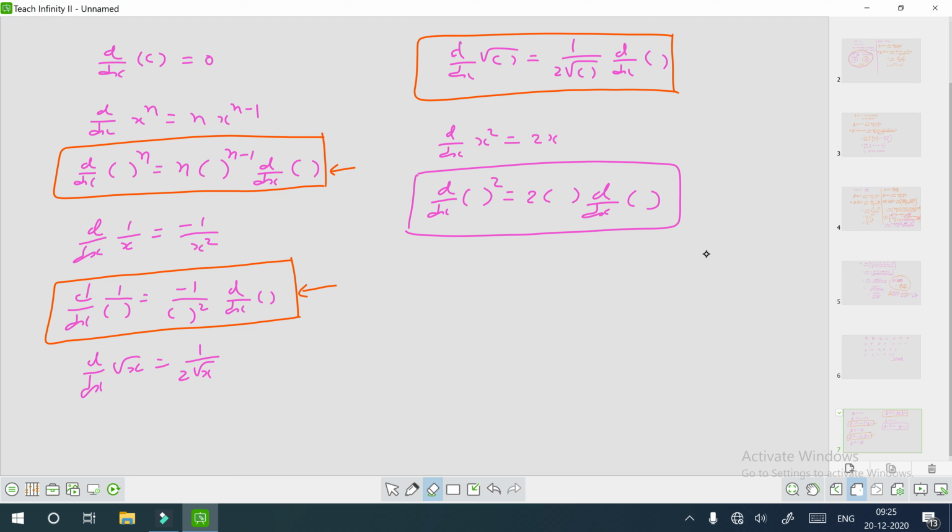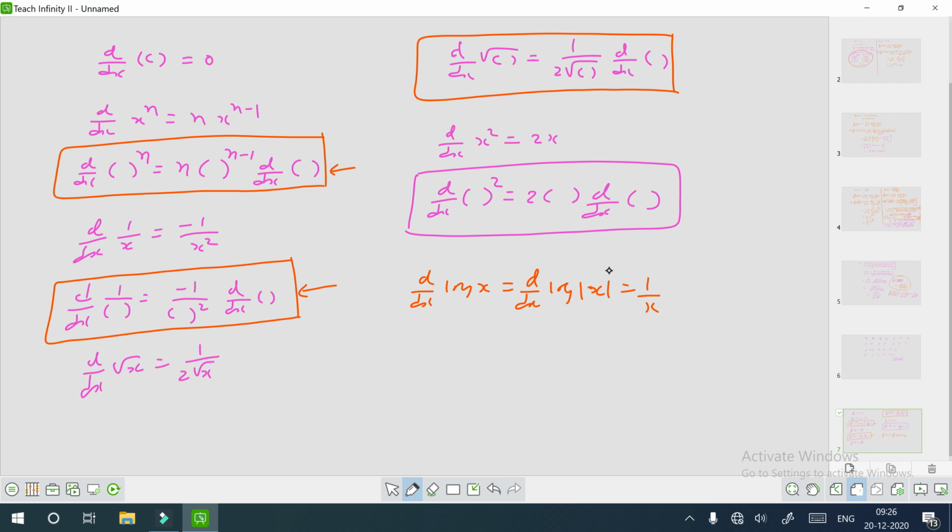Now see, what happens if we take log x. We have yet to see this form. d by dx of log x or d by dx of log mod x comes out 1 by x. Clear?